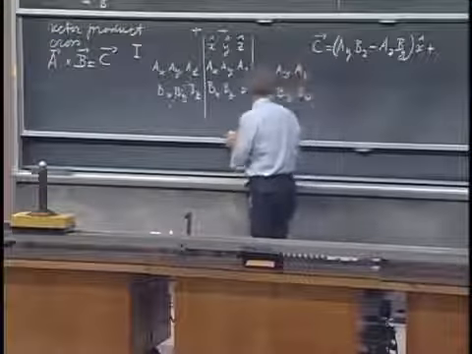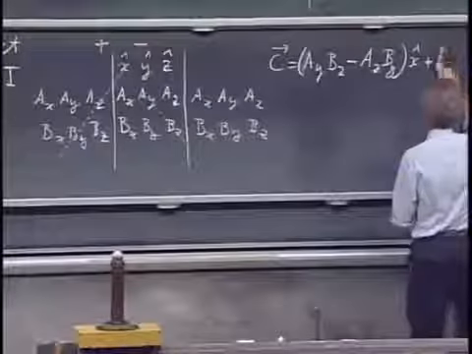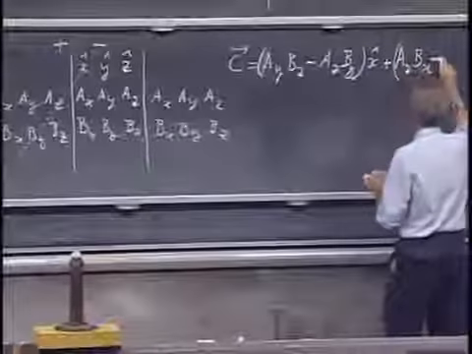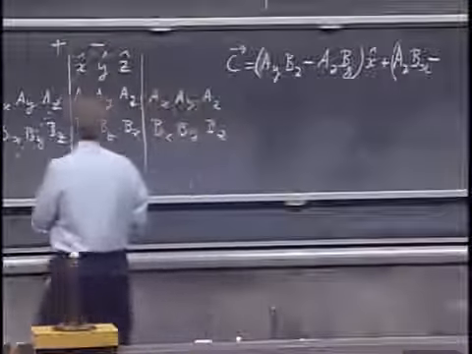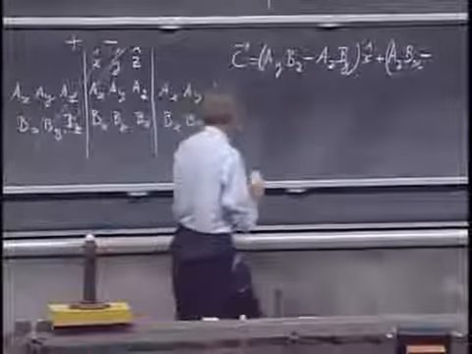The next one is this one, AZBX. Minus this one, AXBZ.